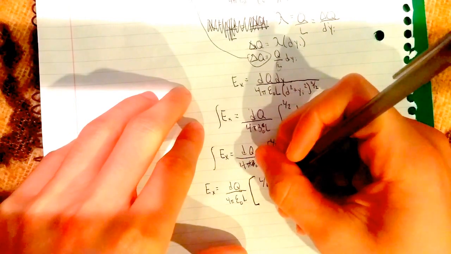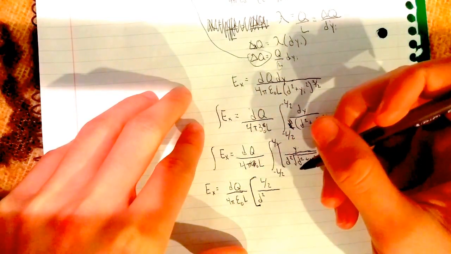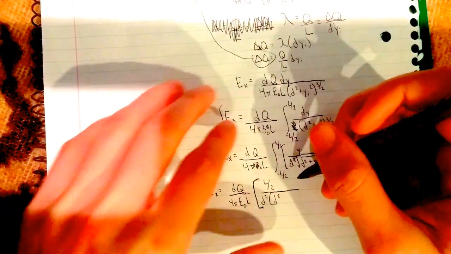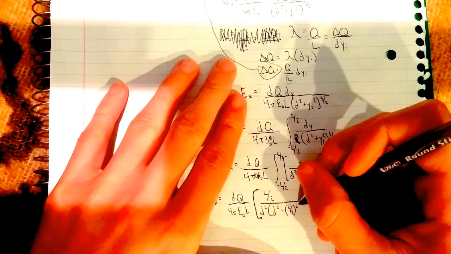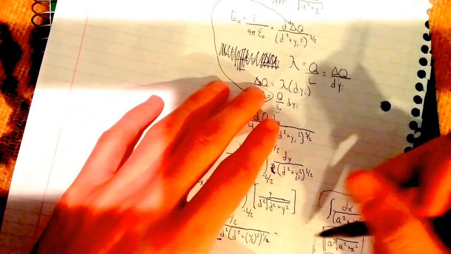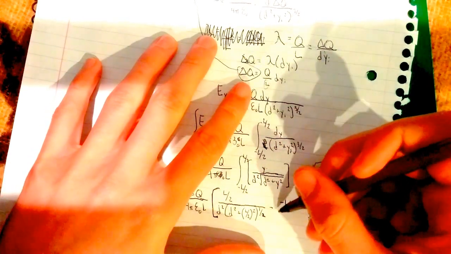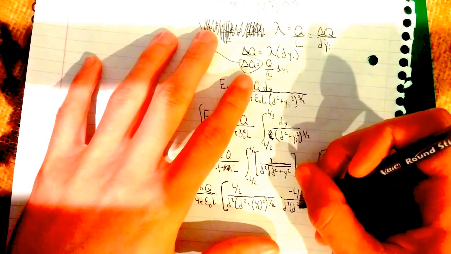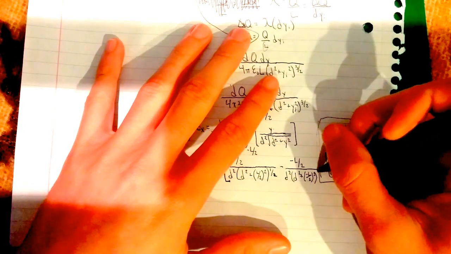So we got L over 2 over d squared times (d squared plus L over 2 squared) to the 1/2 instead of the root, minus a negative L over 2, because that's going to be the second part we have here, over d squared times (d squared plus negative L over 2 squared) to the 1/2.